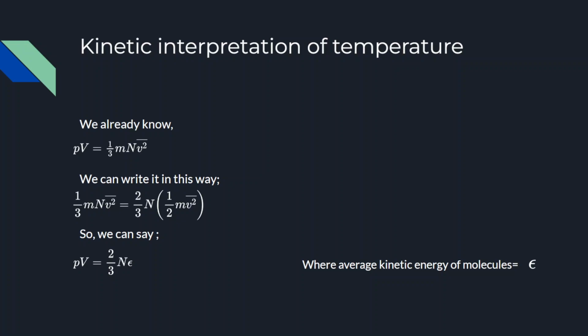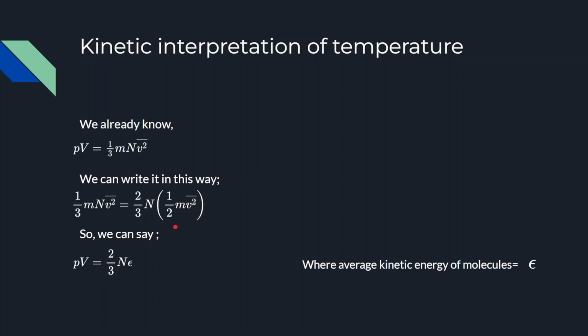We have already derived the equation PV is equal to 1/3 m n v bar square. Now we can write 1/3 m n v bar square as 2 by 3 n times 1 by 2 m v bar square.